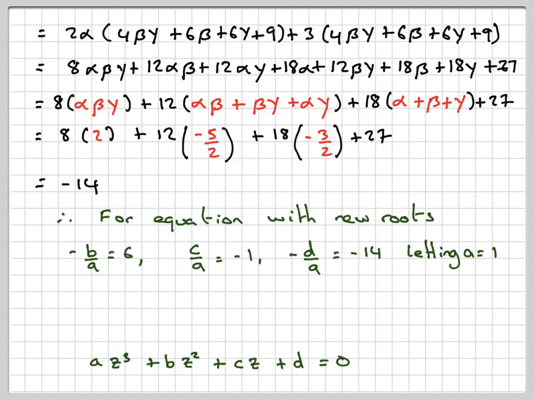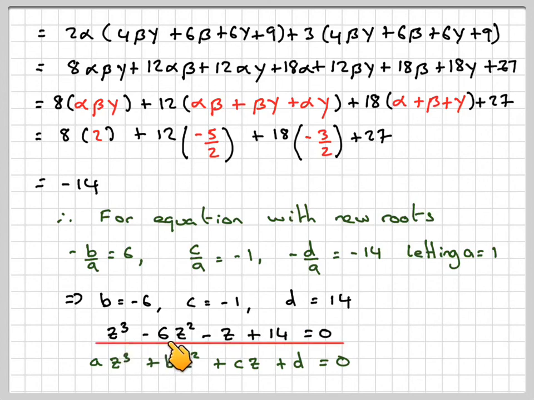So from this, a is 1, b is minus 6, because minus b will be equal to 6, c will be equal to minus 1, and d will be equal to minus 14, which means d is 14. So a possible equation will be z cubed minus 6z squared minus z plus 14 is equal to 0.